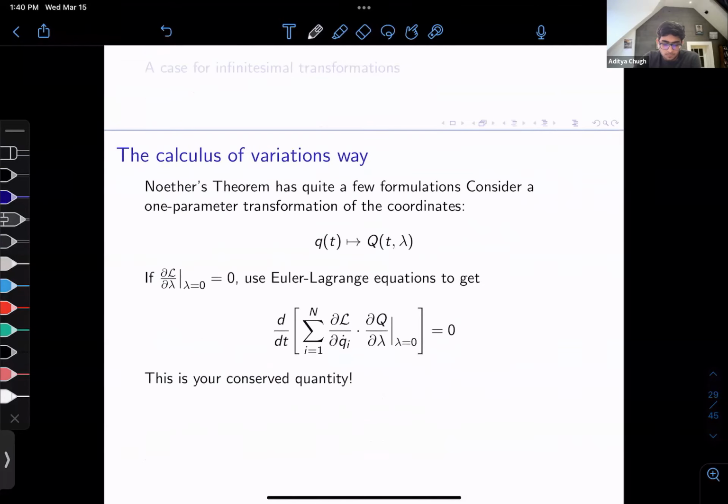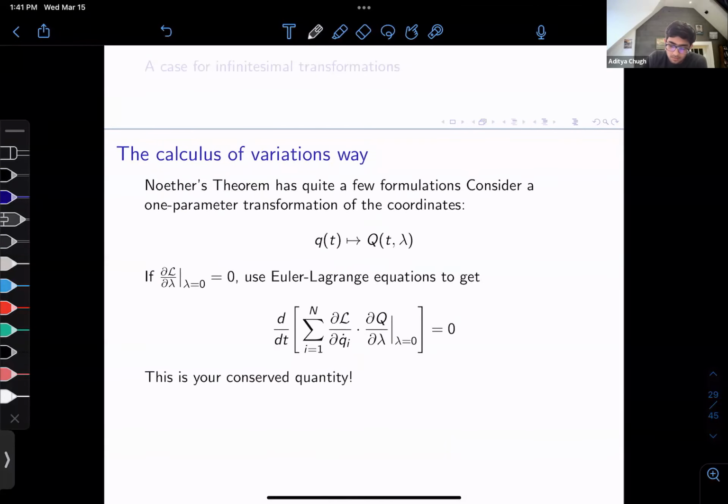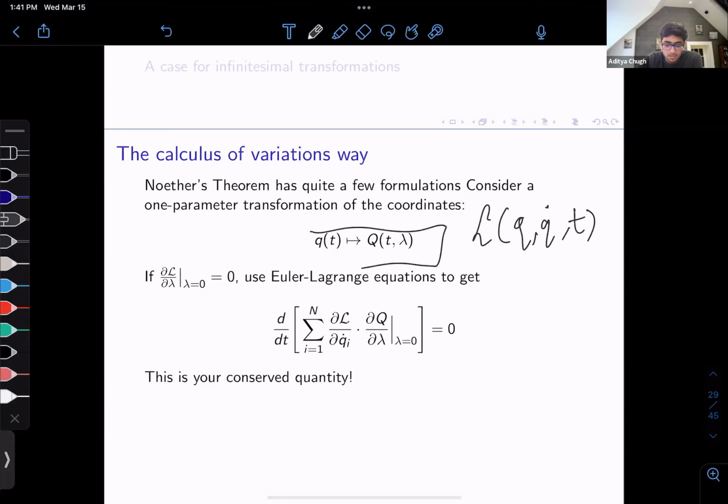And so our Lagrangian again was a function of the generalized coordinates, the generalized velocities, and time. And the transformation of coordinates, this change in coordinates, we describe, say, with one parameter. And then correspondingly, that would change our Lagrangian to be a function of these new coordinates and then the velocities of these new coordinates.